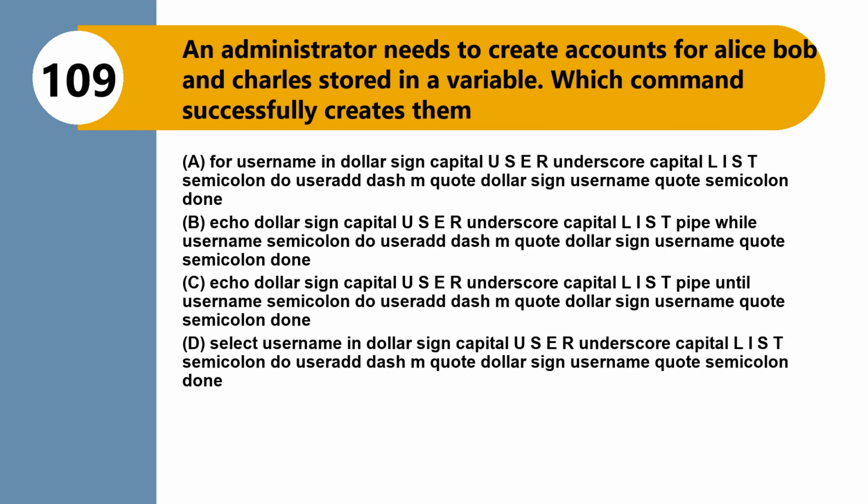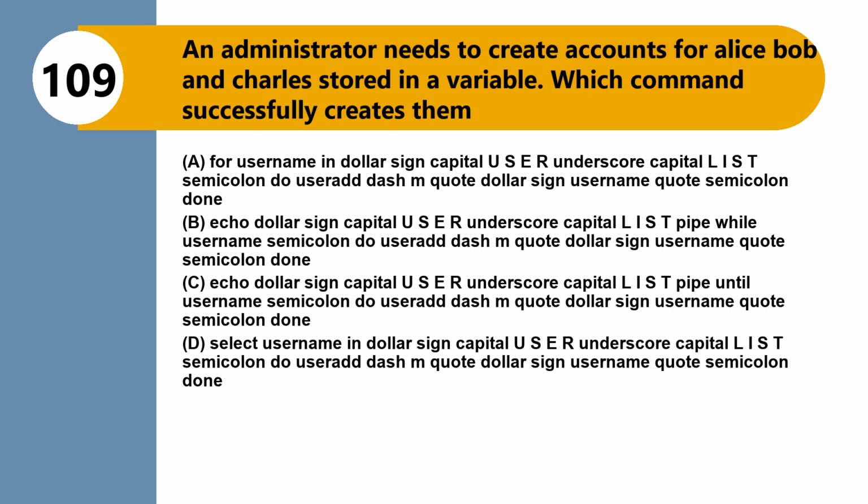Question 109. An administrator needs to create accounts for Alice, Bob, and Charles stored in a variable. Which command successfully creates them? Option A, for username in $USER_LIST; do useradd -m $username; done. Option B, echo $USER_LIST | while username; do useradd -m $username; done. Option C, echo $USER_LIST | until username; do useradd -m $username; done.